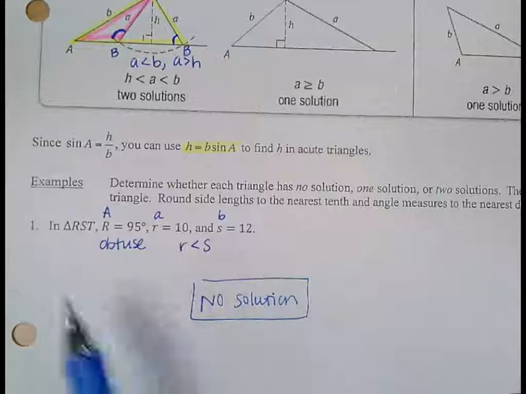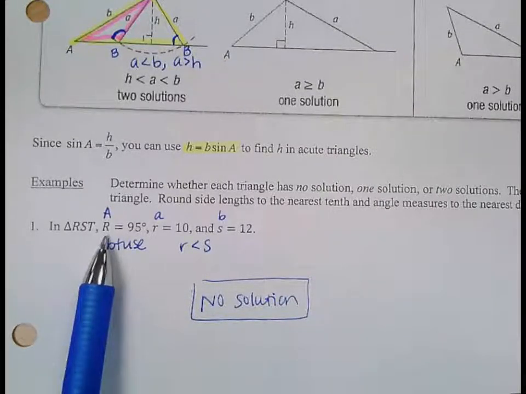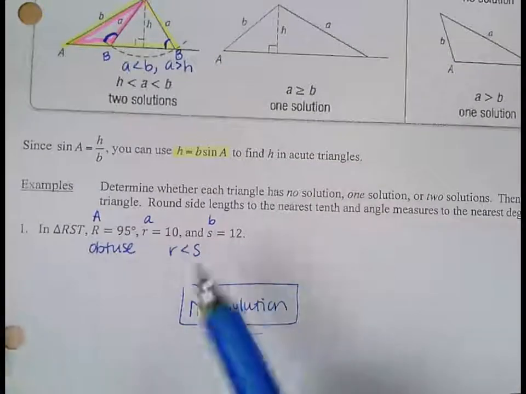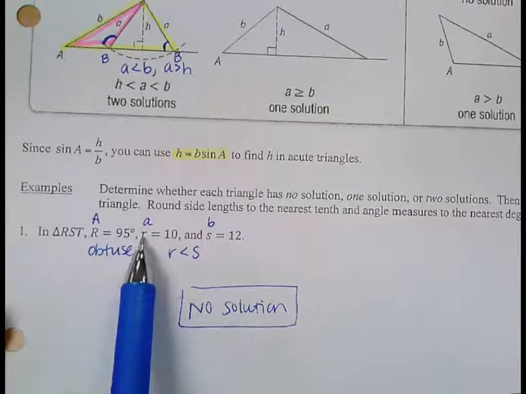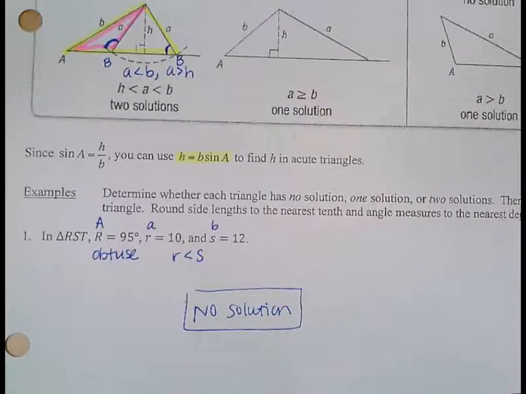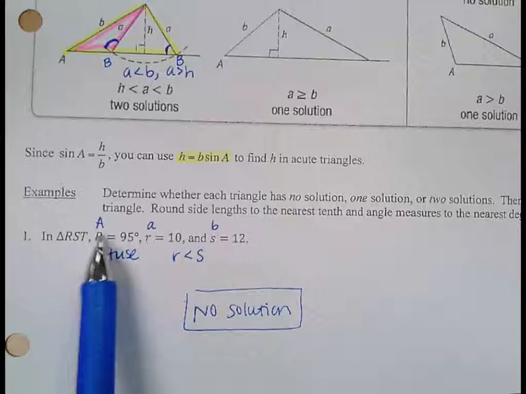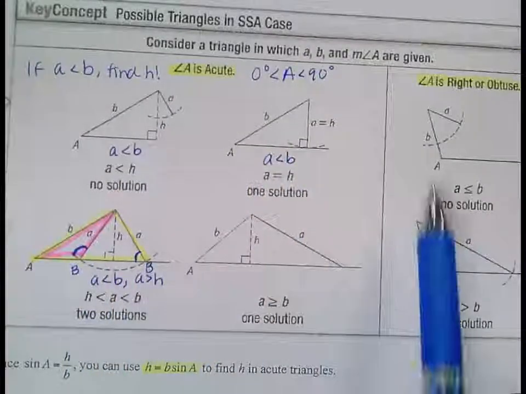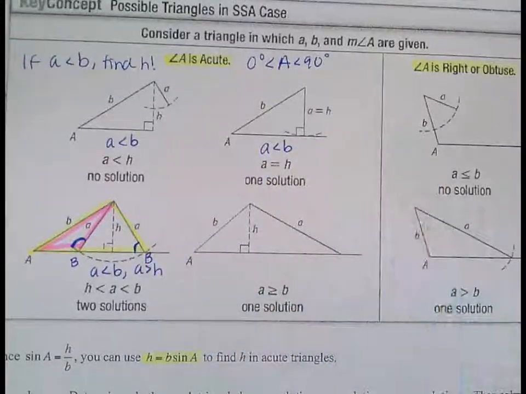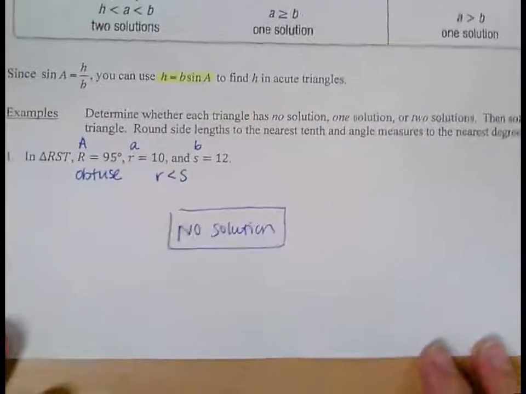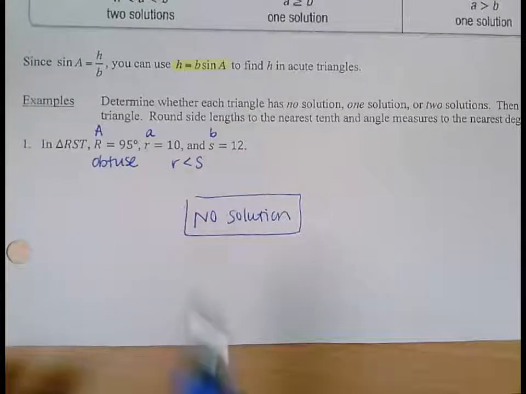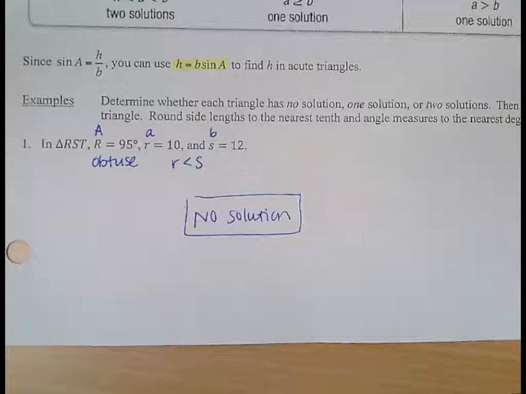Well, you could do that, but then this would have to be angle B. So in the triangle, this side R has to be the side that is opposite angle R. So you could say this is B, this is A, but then this would have to be angle B, which then you'd be thinking of angle B as angle A if you're looking up here. So however you kind of pair the variables, it would be no solution there. Other questions on example 1?